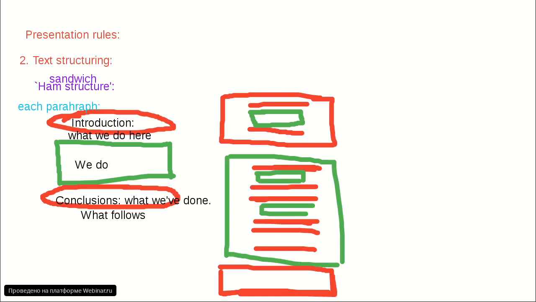And basically the rules are more or less the same. So you give this introduction part, you give the substantial part, the main part, you give the outcome, you give these conclusions.